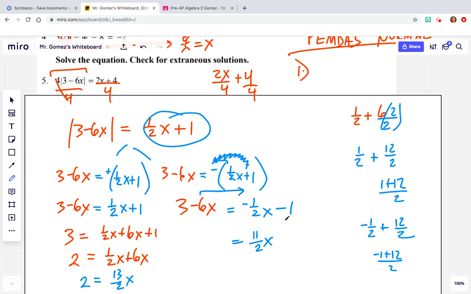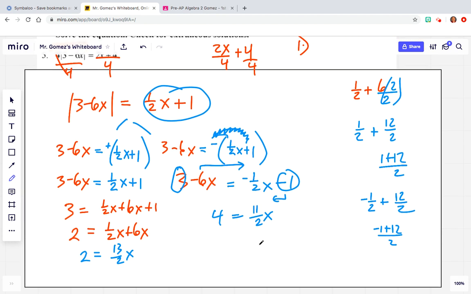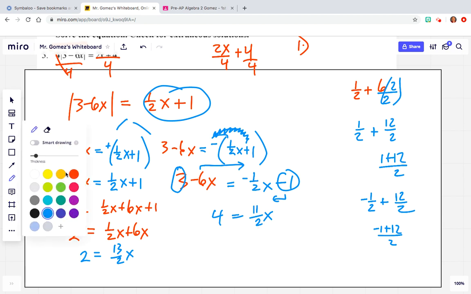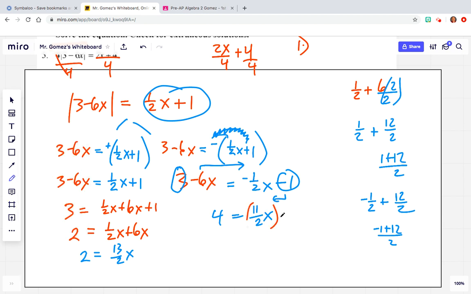And yes, by moving this 1 over to the other side, we'll get 4, because we get 3 plus 1, because we moved it to the other side, is 4. And then last but not least, just to clean it up, I'm going to multiply by the reciprocal. So it's like taking this fraction and just finding the reciprocal, which is just the flip. And you're doing this to both sides. So 2 times 4, or 4 over 1. This one's going to be 8 over 11.